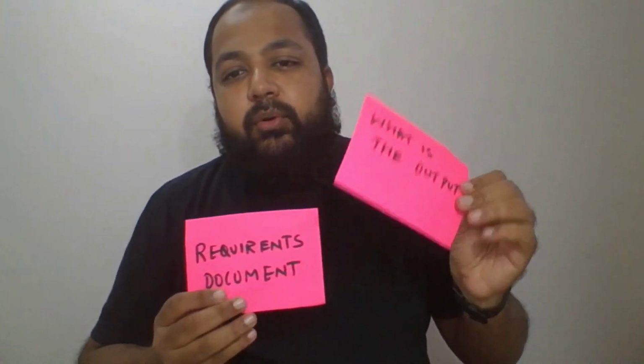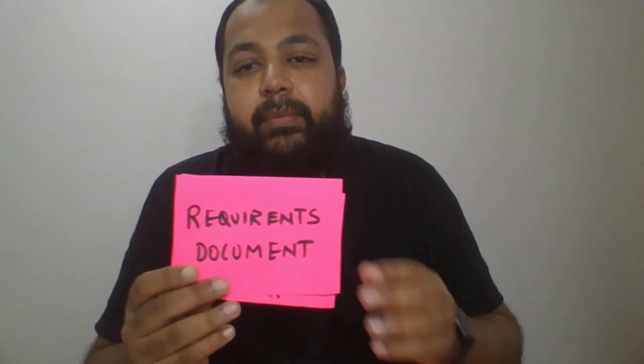Finally, coming to the end. So what is the output? You use so many tools and techniques. If you see, I've just shared all this with you, so many tools and techniques are there. So what is the output of this process? The output of this process, as I told you, is the requirements document.